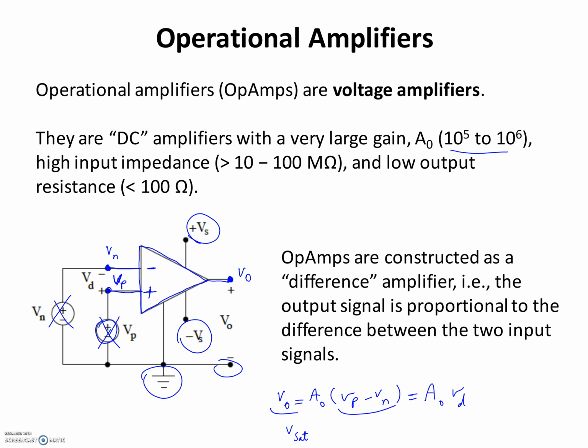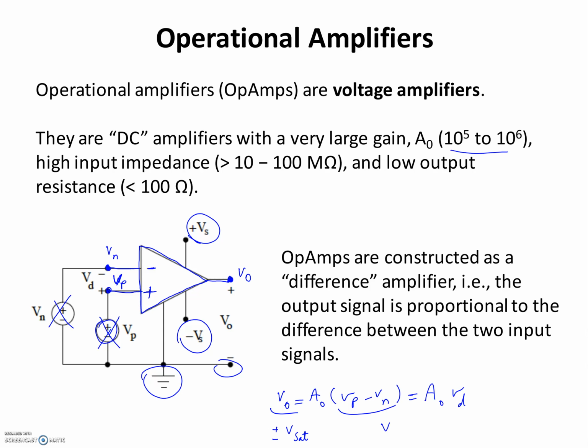So this V saturation is close to Vs, and from the negative side to negative Vs. It can be different for the positive and negative rails of the power supply. So you can have a positive or a negative V saturation value. So you cannot exceed the voltage level that comes from your power supply at your output.